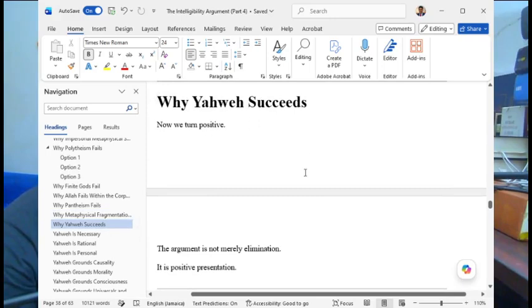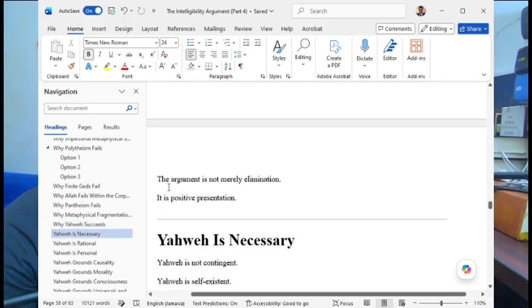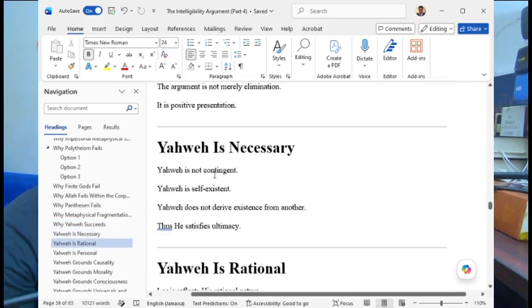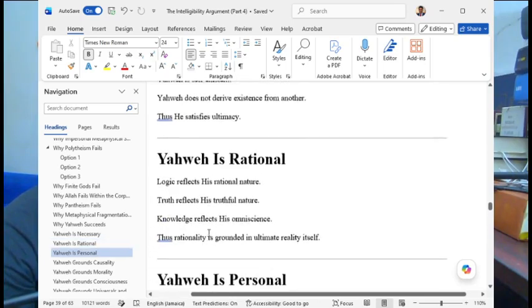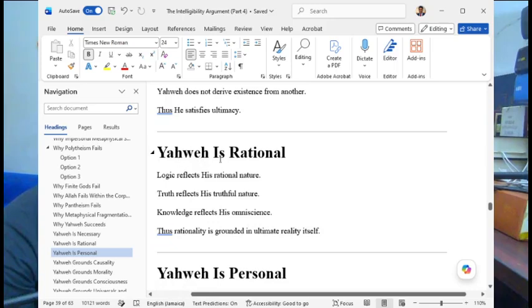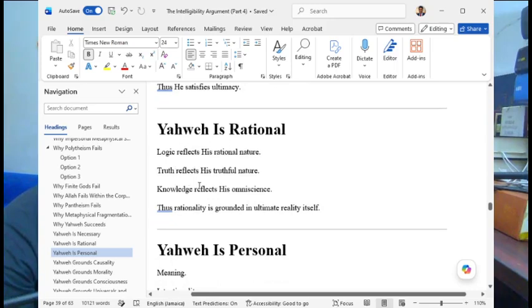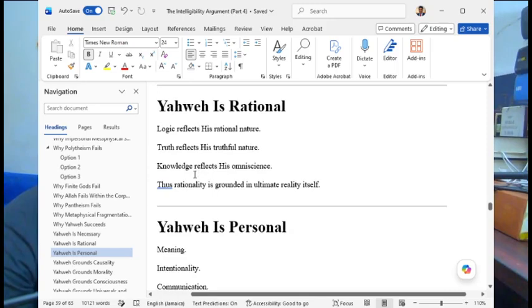Why Yahweh succeeds. Now we turn positive. The argument is not merely elimination, it is positive presentation. Yahweh is necessary. Yahweh is not contingent. Yahweh is self-existent. Yahweh does not derive existence from another. Thus, he satisfies ultimacy. Yahweh is rational. Logic reflects rational structure.